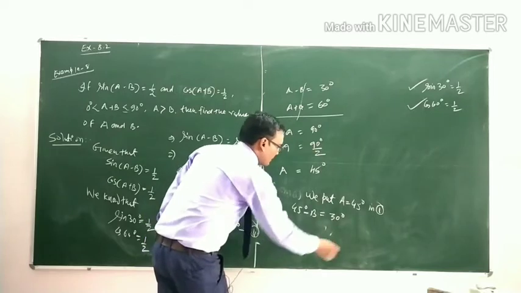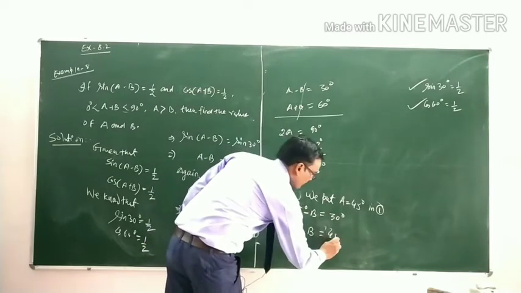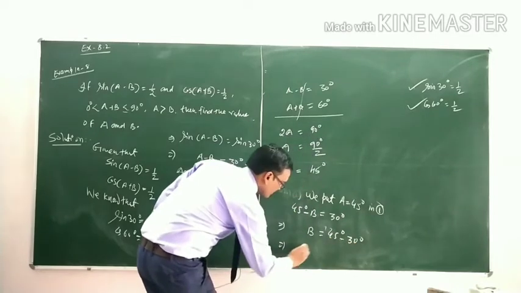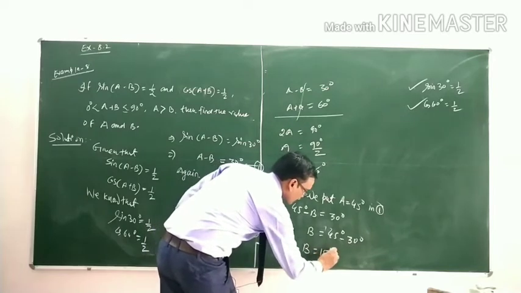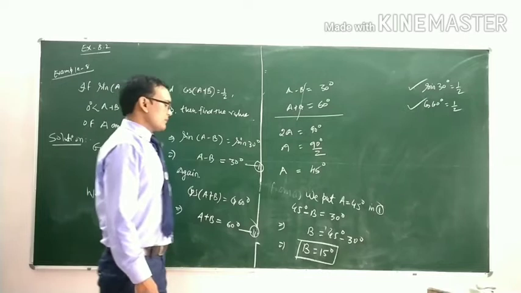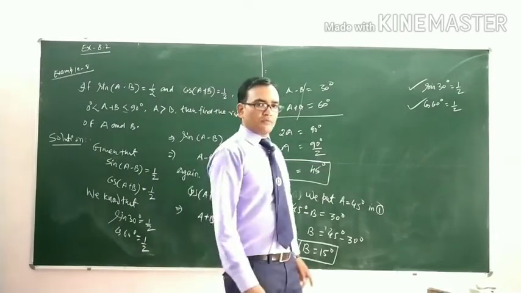We transfer the value of B and the value of 30. Then 45 minus 30 gives B equal to 15 degree. That means the value of B equals 15 degree and the value of A equals 45 degree.